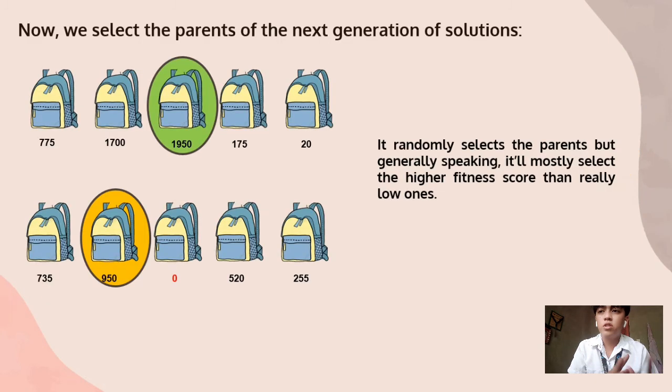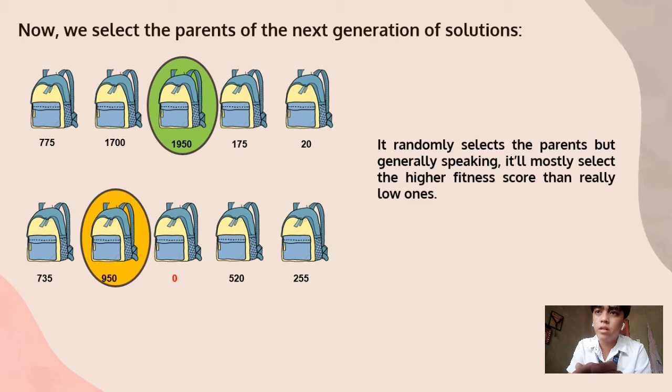As you can see earlier, guys, the example showed 10 knapsacks, each with its result. Now we select parents for the next generation of solutions. Knapsack number 1 had a result of 775 grams, and so on.